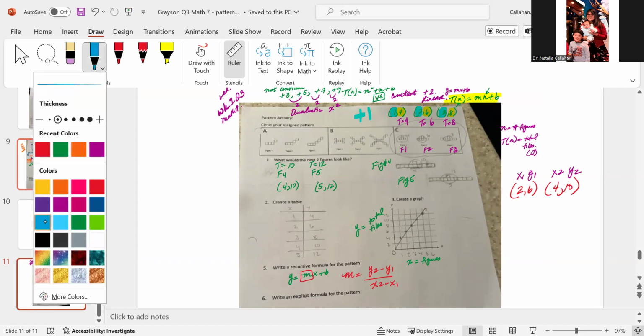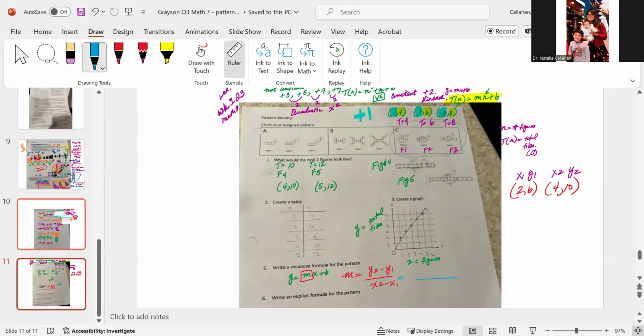Now I want you to plug in those numbers into this formula. So you have 4 over 2. 10 minus 6, 4 minus 2. y2 minus y1. How are you getting this wrong?